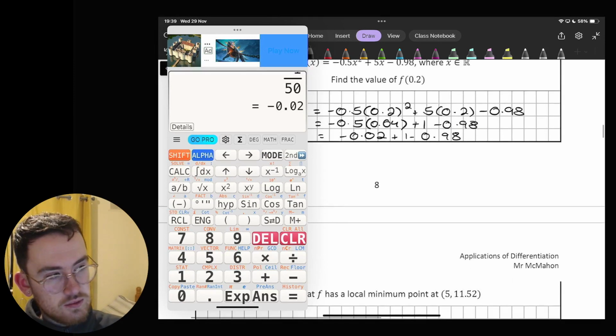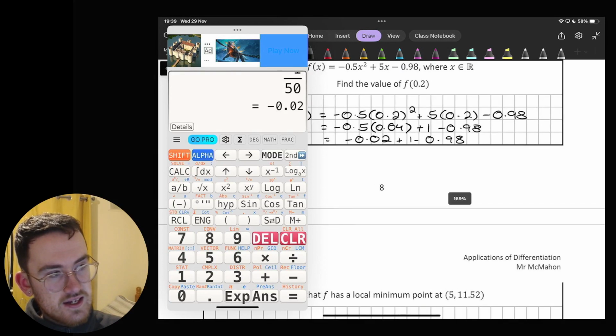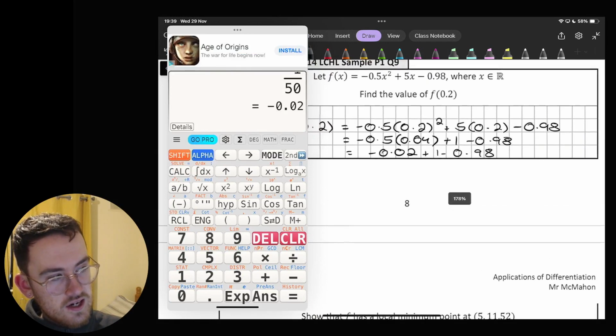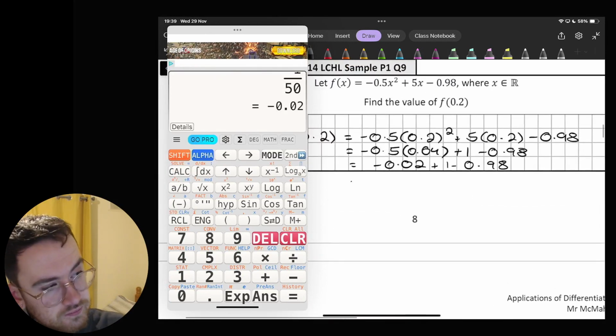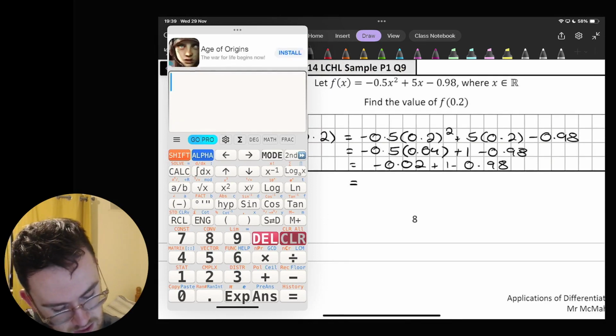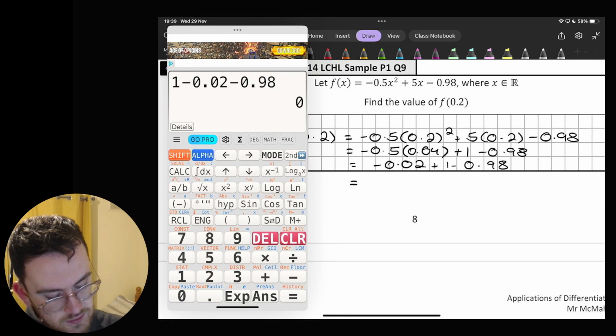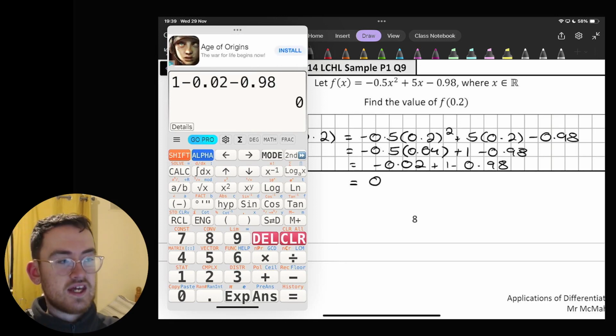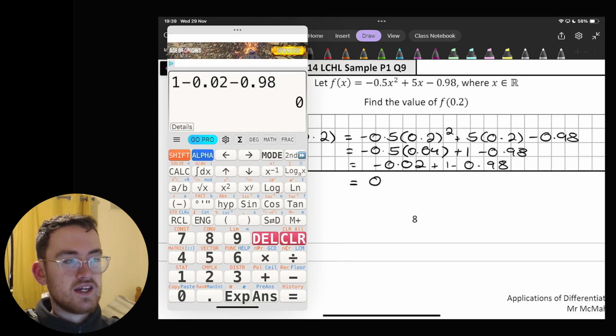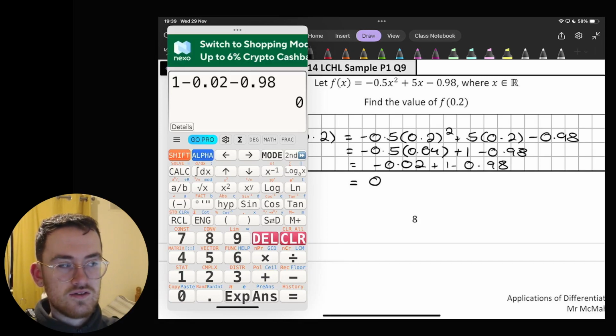Substituting all of that out, we're going to get 1 minus 0.02 minus 0.98, and that just gives me an answer of 0. So when I substitute that in, I just get an overall value of 0.